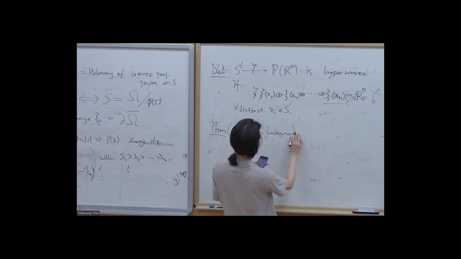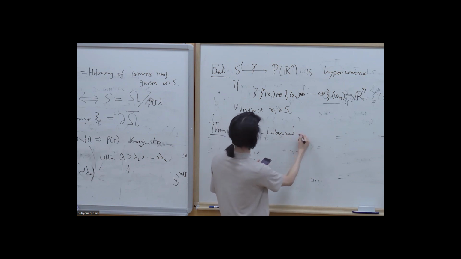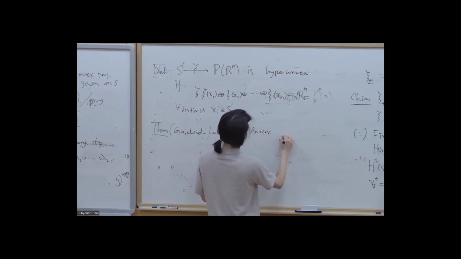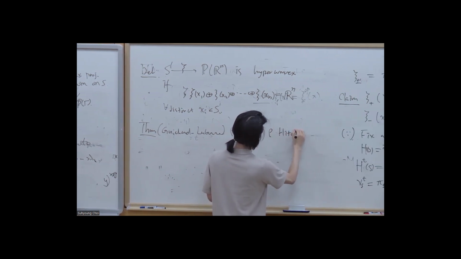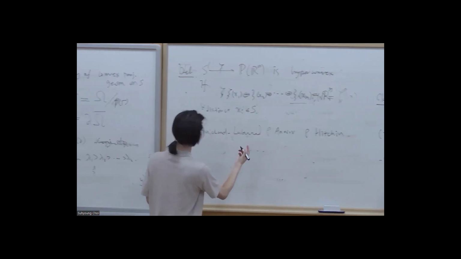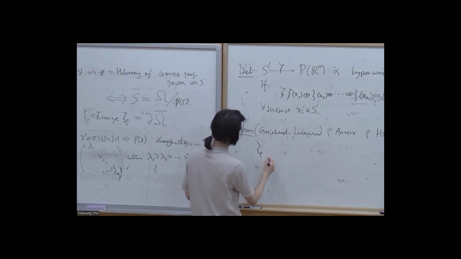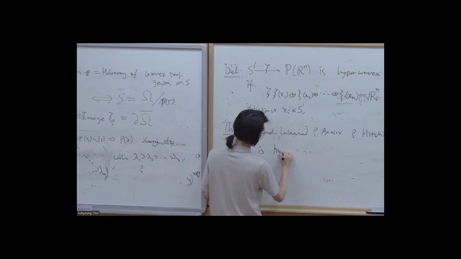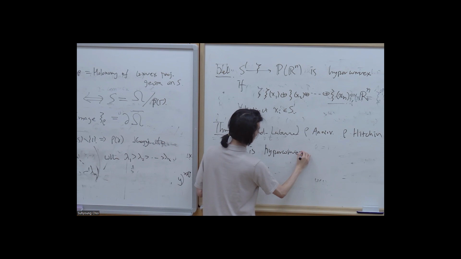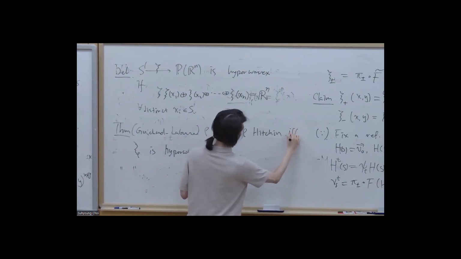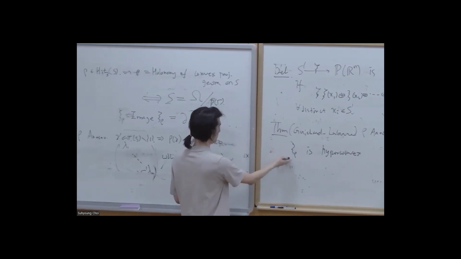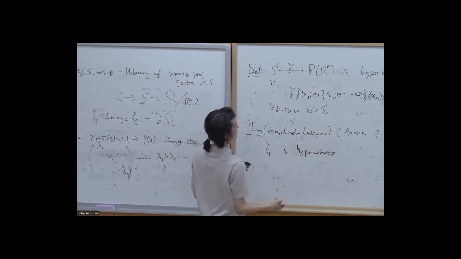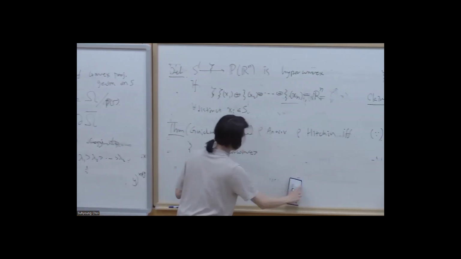So we can say that if rho is Anosov and it admits a very special limit map, namely this associated limit map is hyperconvex, then rho is Hitchin, if and only if. If you know that this is Anosov and its limit map is hyperconvex, then it must be Hitchin. So that's another characterization.